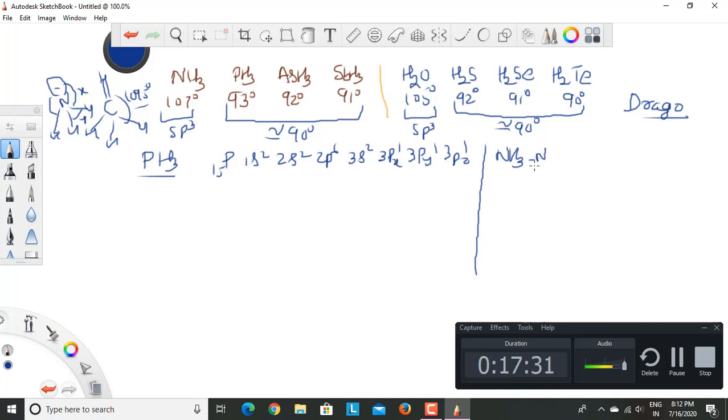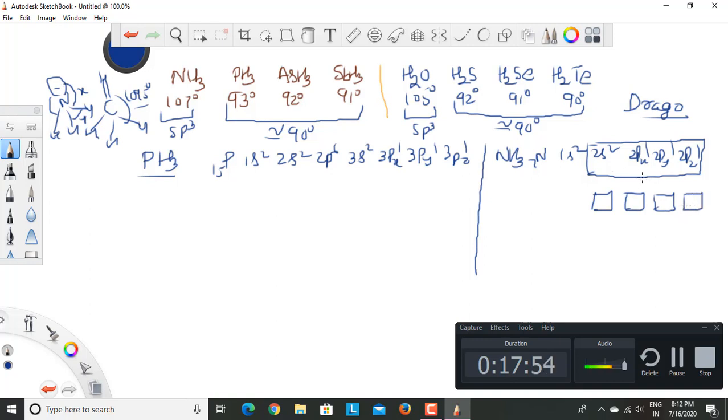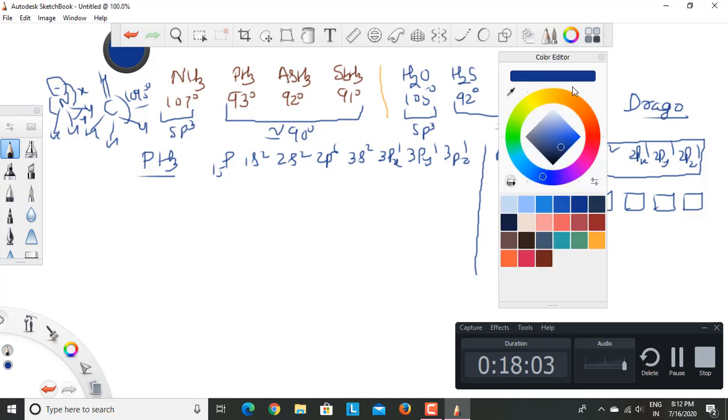Let us do the hybridization: nitrogen 7, 1s2, 2s2, 2px1, 2py1, 2pz1. So there will be sp3 hybridization. If it is sp3 hybridization, then you will get 4 hybrid orbitals: sp3, sp3, sp3, sp3. Out of 4, one has paired electrons, so it will remain paired.